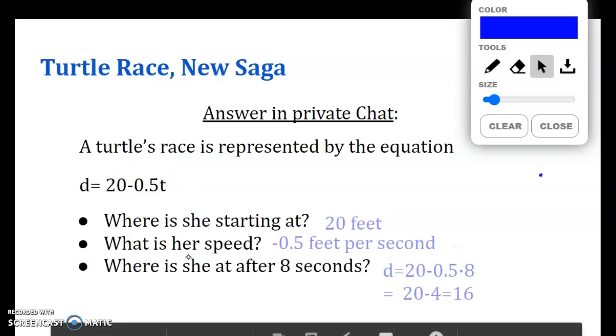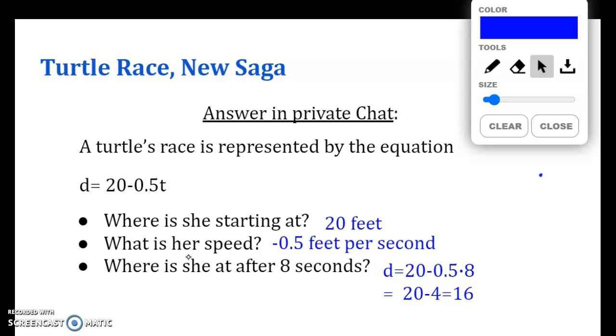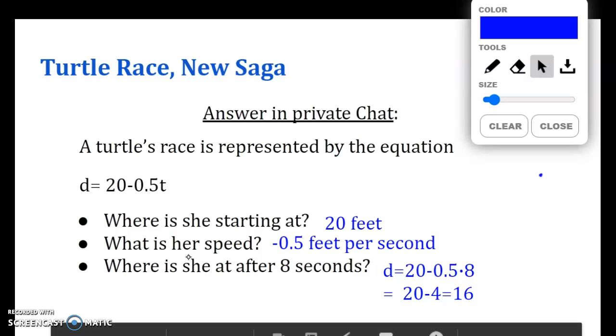After 8 seconds, I substitute for t to be 8. 0.5 times 8 is 4. So you're subtracting 20 minus 4, and that's 16 feet. So at 8 seconds, the turtle is 16 feet away from the starting line. That's what we have just figured out.